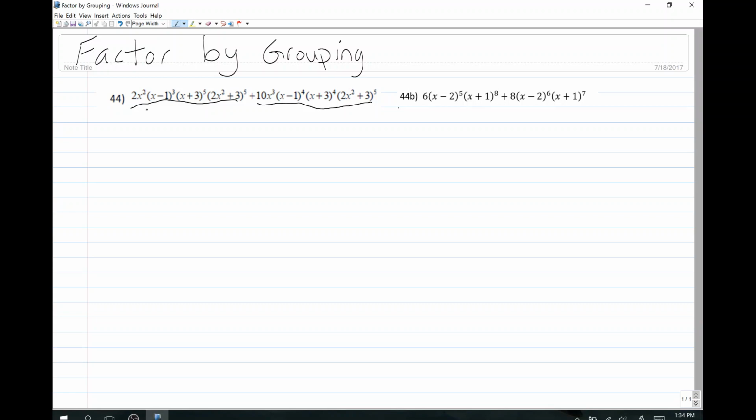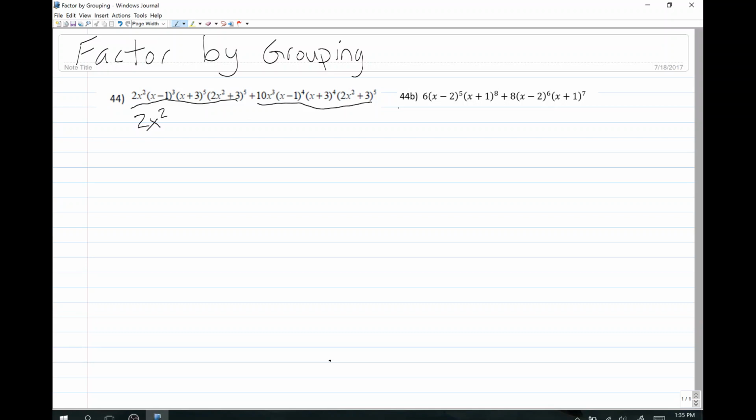So first we look at the first terms, 2x squared and 10x cubed, and we say, hey, what's the largest thing that is common to both of them? In this case, a 2 is the largest number, and then x squared, because x cubed is bigger than x squared.